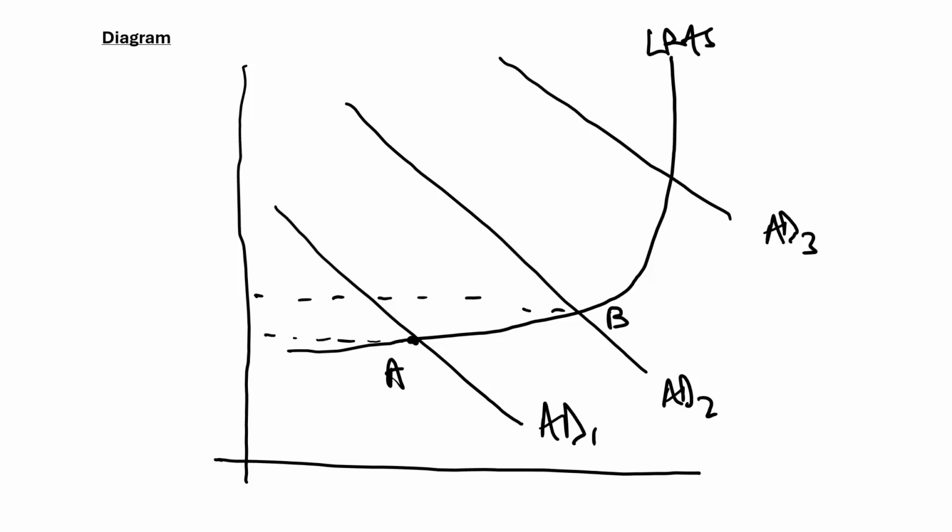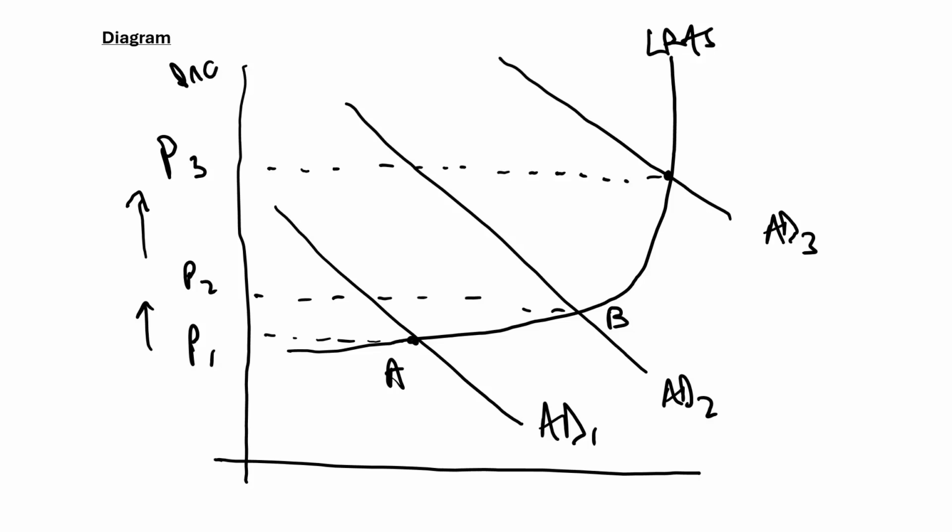We'll go P1, P2, and I'll explain what all this means in a second. That should be P3. Just clean this up a little bit. We have inflation or prices, and we have our GDP over here, which we're going to use the letter Y, and say Y1 and Y2.